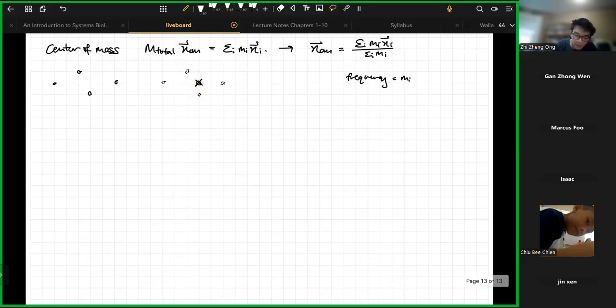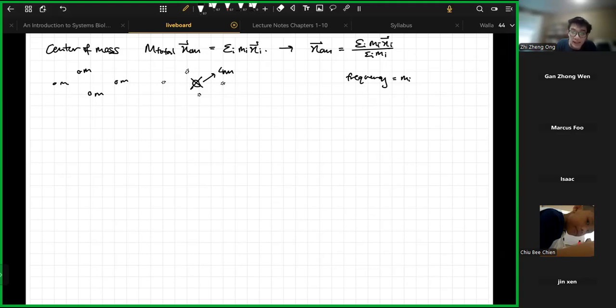I think it's around here. The cool thing is that you can say that point now has a mass of 4m there.